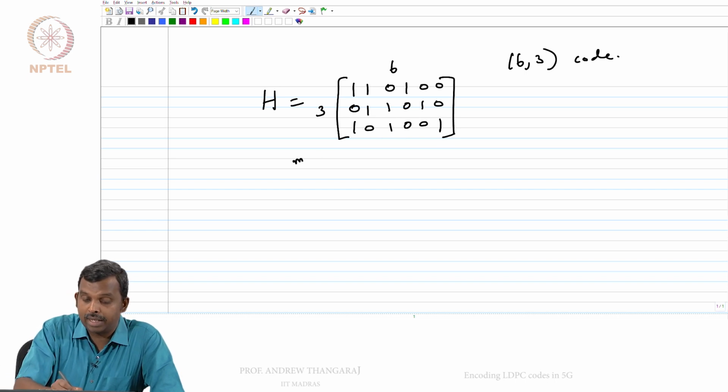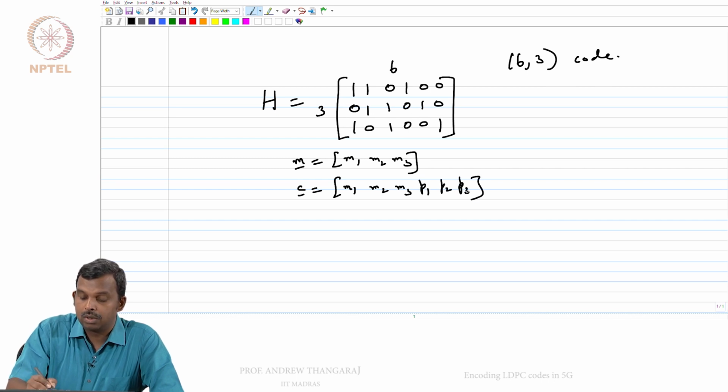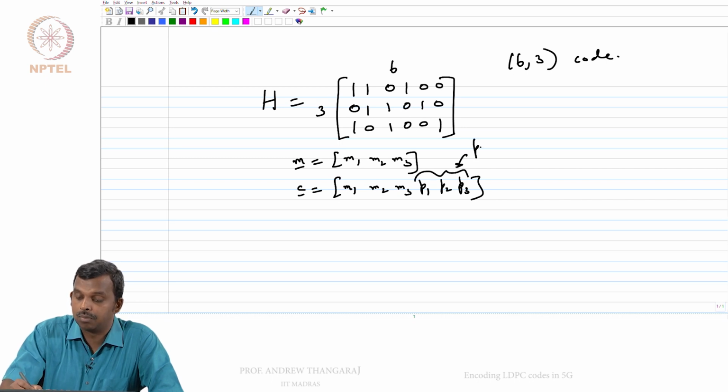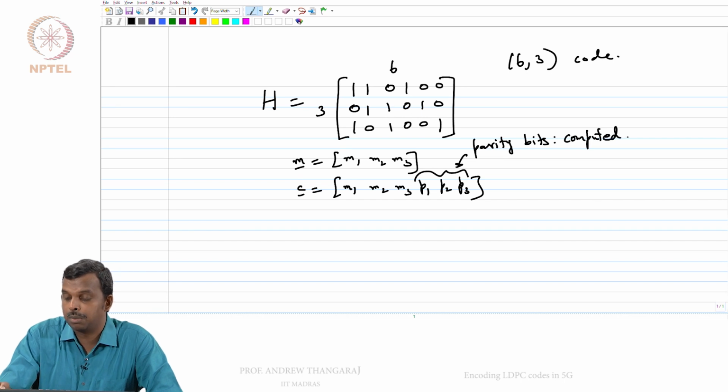So if you have the message vector M, which is M1, M2, M3, the code word C will be M1, M2, M3, and P1, P2, P3. Okay, so these are the three message bits, M1, M2, M3. These are the three parity bits, and these are computed. We will show how these can be easily computed using H and M. Okay.